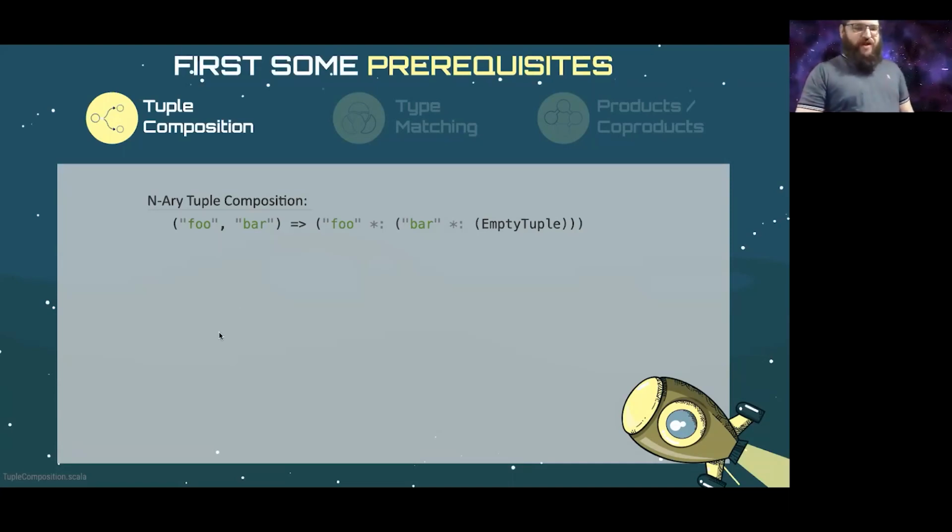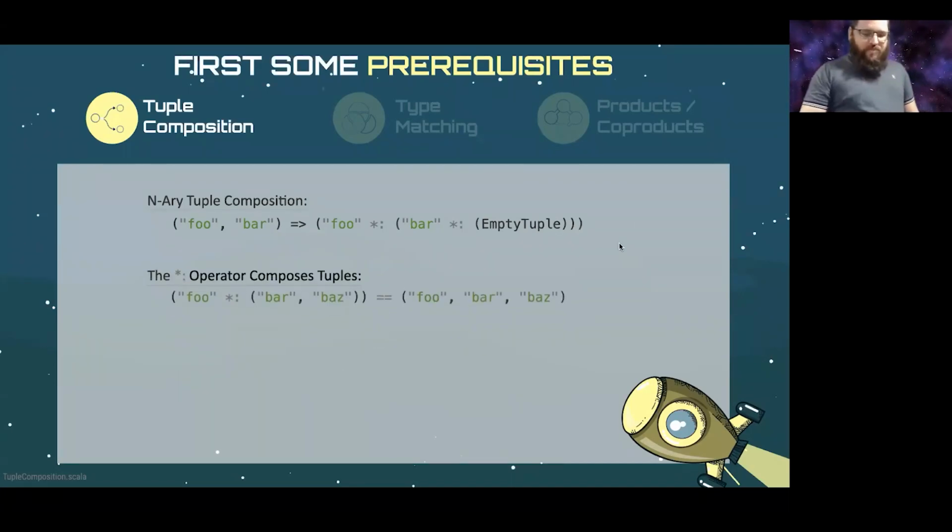A couple of things, right? In Scala 3, you have this tuple consing operator, right? This is equal to that. An n-ary tuple can be represented by this sort of cons tuple structure. Now, you can actually evaluate this thing, and this evaluates to that. So you can do it.